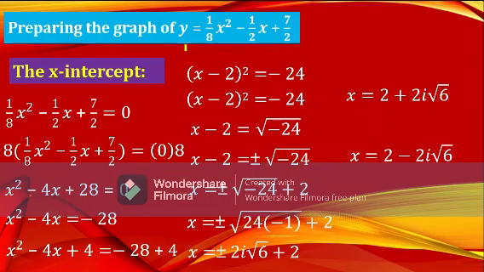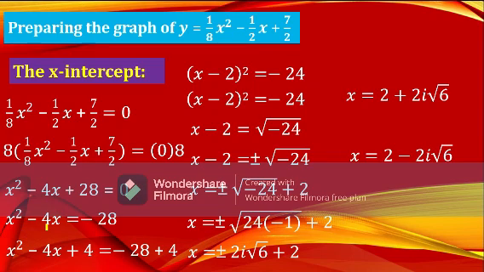Then preparing the graph, the x-intercept: you have 1/8 x² − 1/2 x + 7/2 = 0, then multiply both sides of the equation by 8. So we'll have 8 times 1/8 x² is x², 8 times negative 1/2 x is negative 4x, 8 times 7/2 is positive 28, then 8 times 0 is 0.